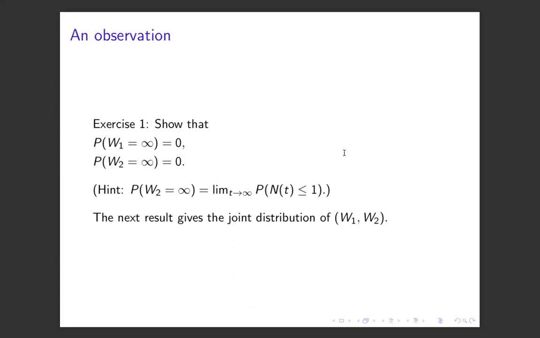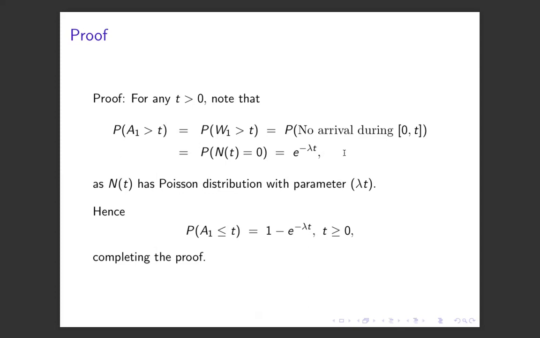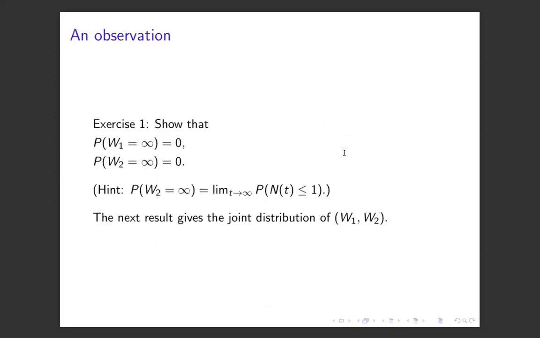Now, before we go further, certain things which we observe. The probability of W1 taking the value infinity is 0, and of course the probability of W2 taking the value infinity is also 0.